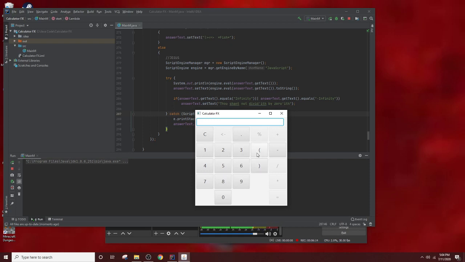And I've also put in parentheses, so if I wanted to do a plus instead of a minus first, so 2 plus 5 times 8.